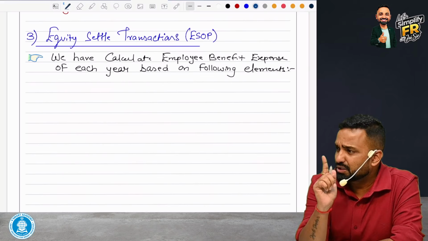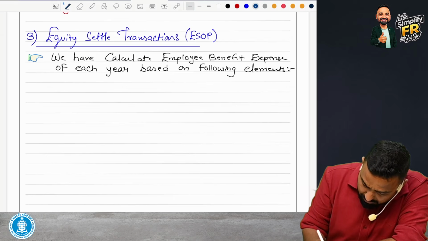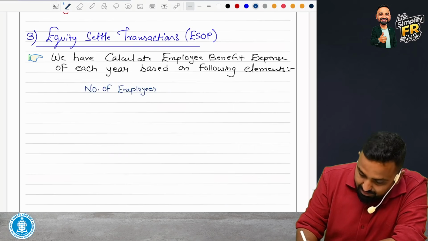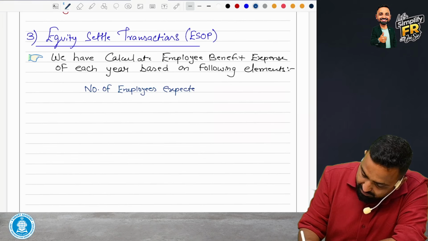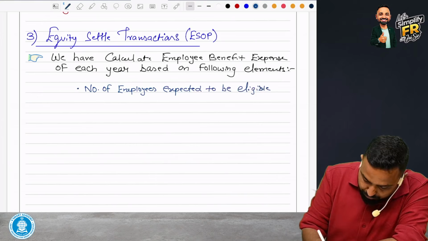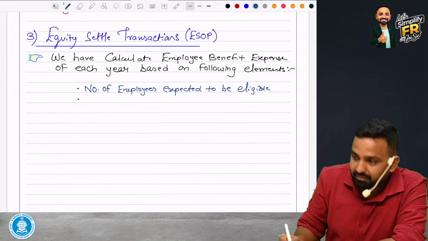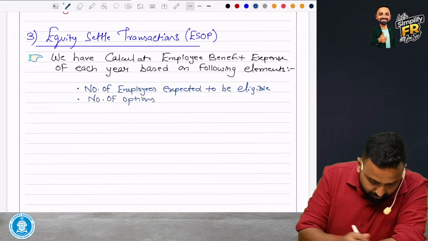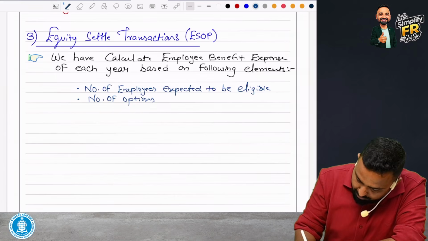First of all, what was the first factor? Number of employees expected to be eligible. This was the first one. Second, I need number of options per employee.